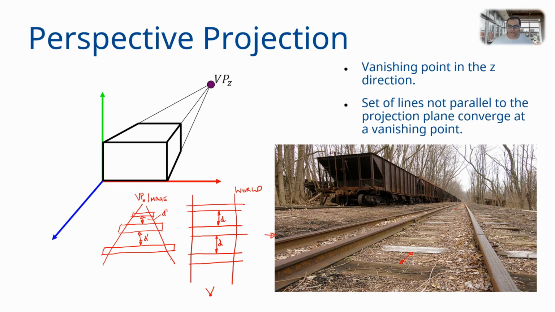Okay, so this is what I mean by foreshortening. The foreshortening is new length by original length. So this is the foreshortening at this location, and the foreshortening at the other location is d double prime by d, right?